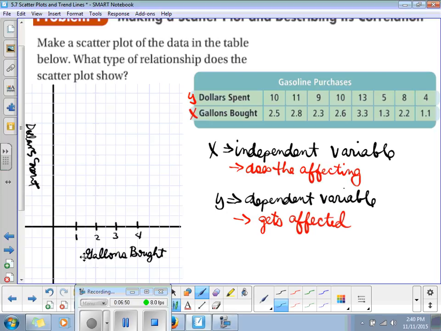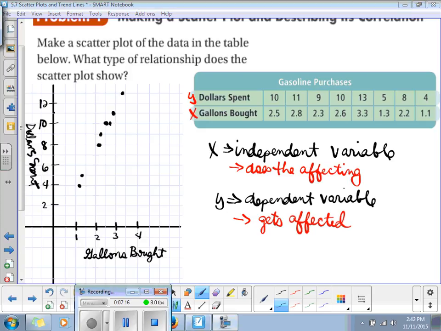And then the highest is 13. So let's see what will fit here. 2, 4, 6, 8, 10, 12, 14. Oh, perfect. And then you graph.